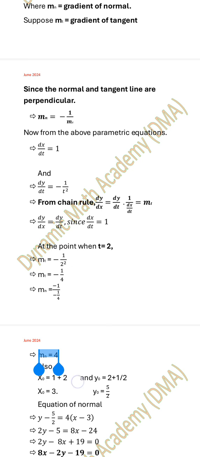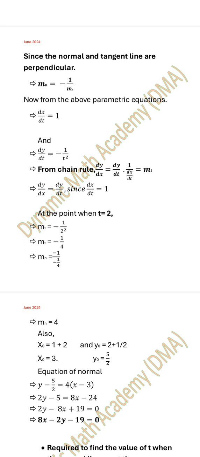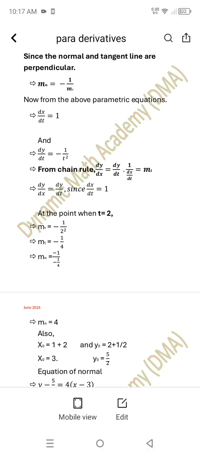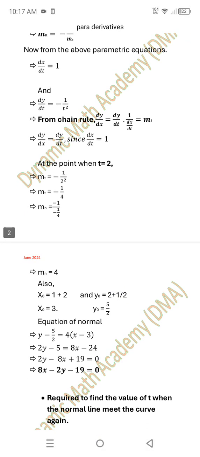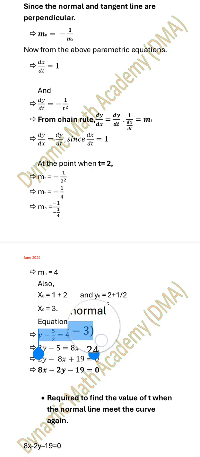Now we are looking for the corresponding values of x0 and y0. x0 is going to be 1 plus 2, and y0 will be 2 plus 1 half. We all know how we got these values. So x0 will be 3 and y0 will be 2.5. Now the equation of the normal. We are just replacing all our values.